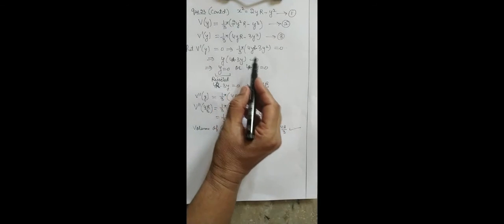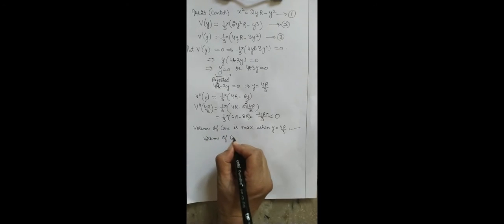has the maximum volume. Now I have to give my final result, because now I have to show that under this condition, that under the value of y as 4r by 3, the volume of the cone is 8 upon 27 of the volume of the sphere. So let us find the volume of the cone. Now volume of the cone is given by 1 upon 3 pi x square y.